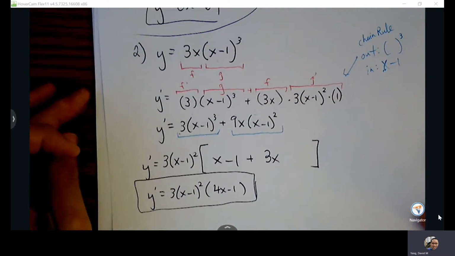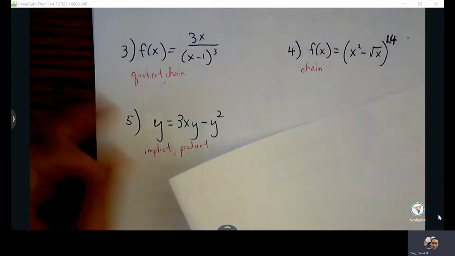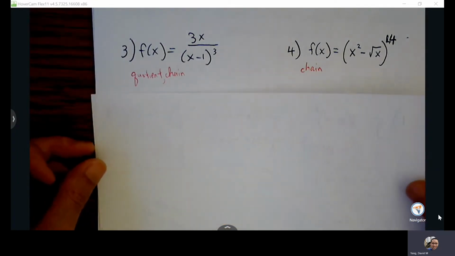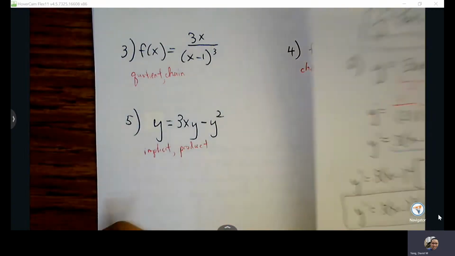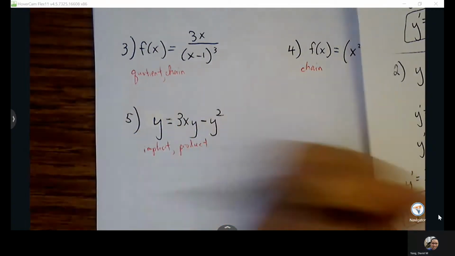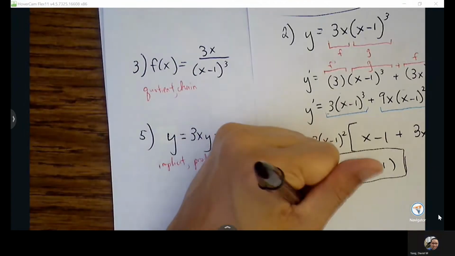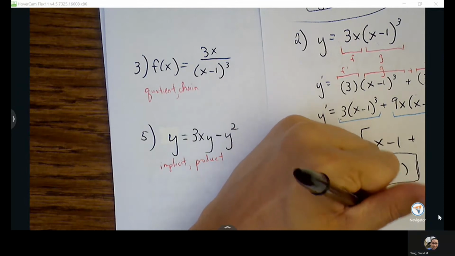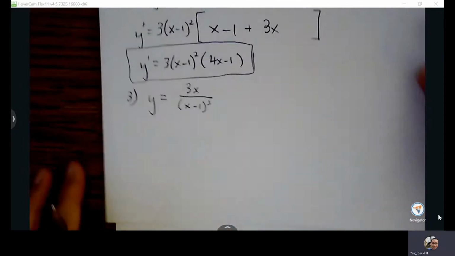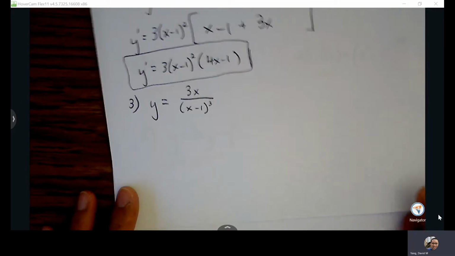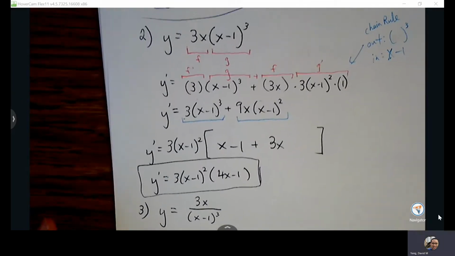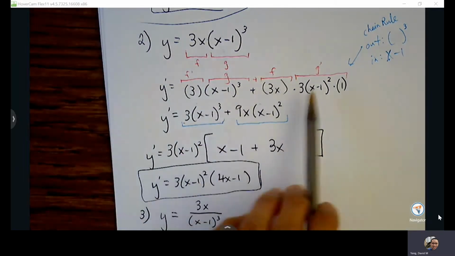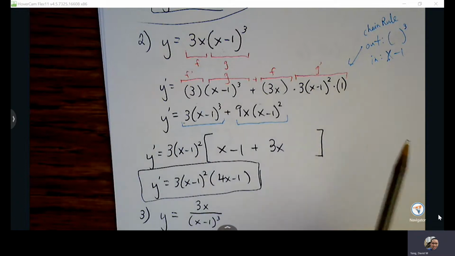No questions? That's okay. Okay, number 3, f of x equals 3x over x minus 1 cubed. We said that there's chain rule and quotient rule involved. For quotient rule, we do have it over g squared.